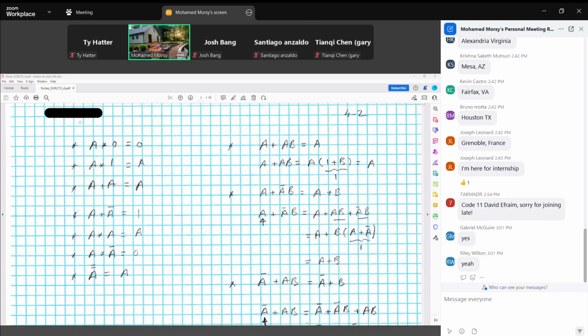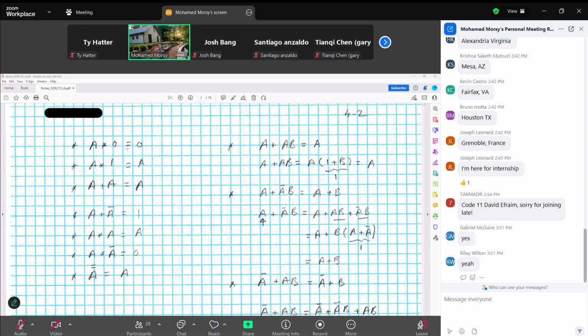A multiplied by 0 is 0. A multiplied by 1 is A. A plus A is A, right? If you add 1 plus 1 it is 1, or 0 plus 0 is 0.